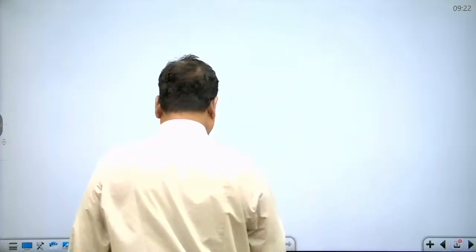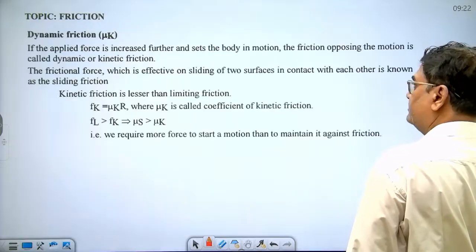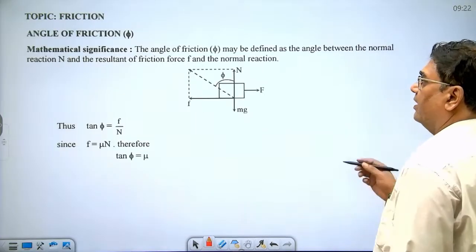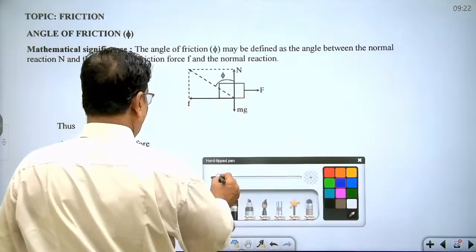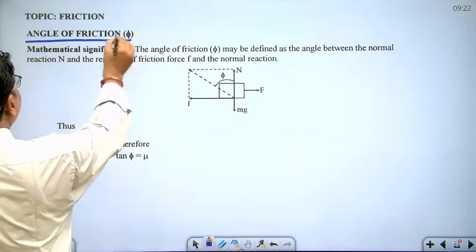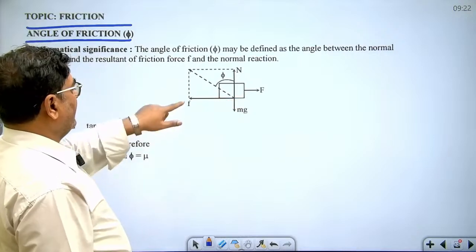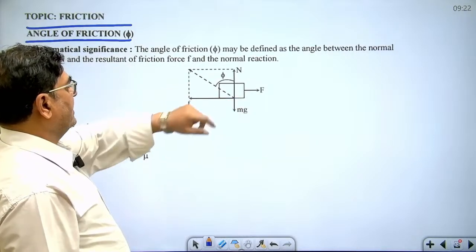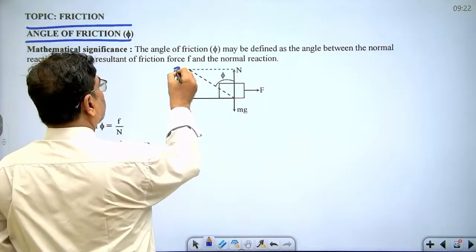Dear student, now see some more definitions. Now let's see angle of friction. What is angle of friction? If this is the direction of applied force, this is the frictional force, and this is the normal reaction, then this is the resultant of frictional force and normal reaction.